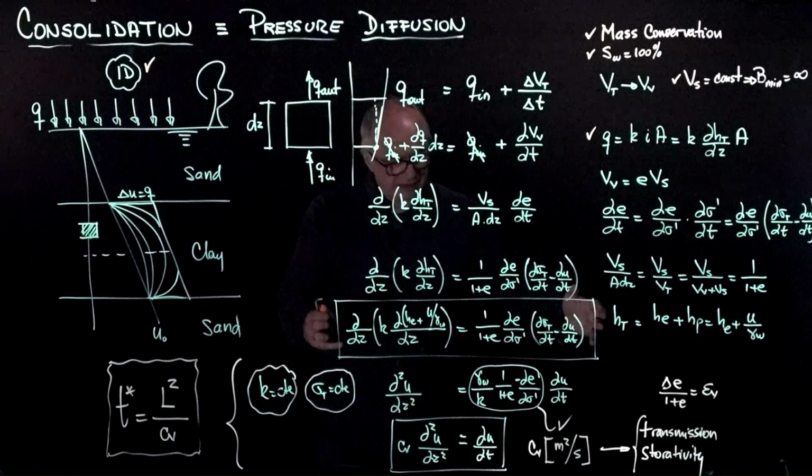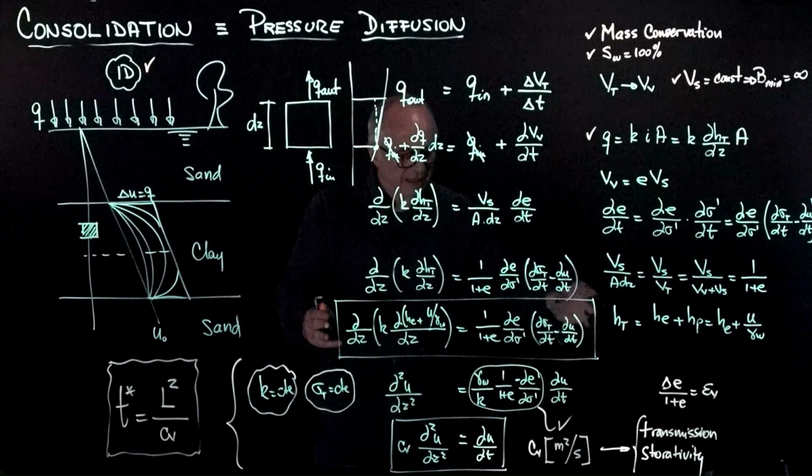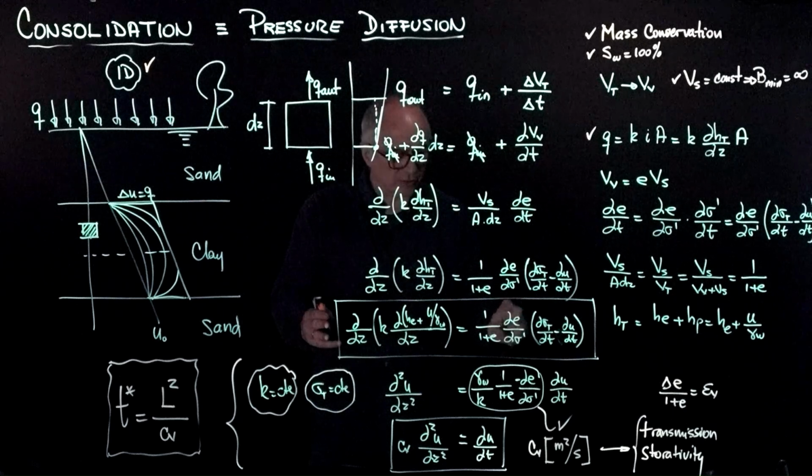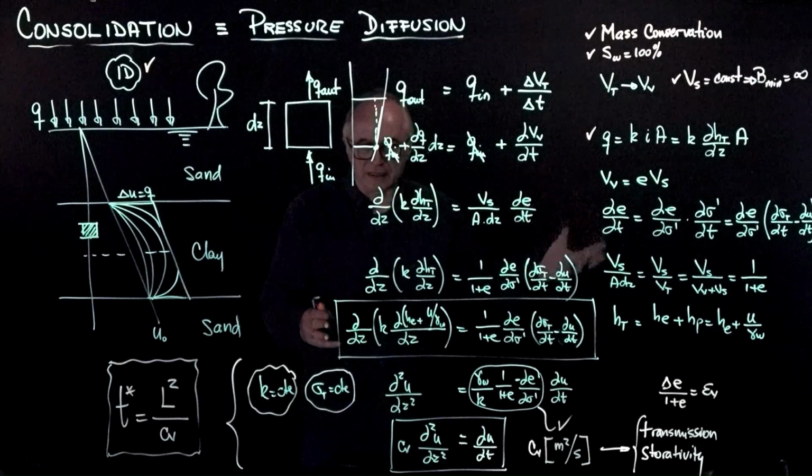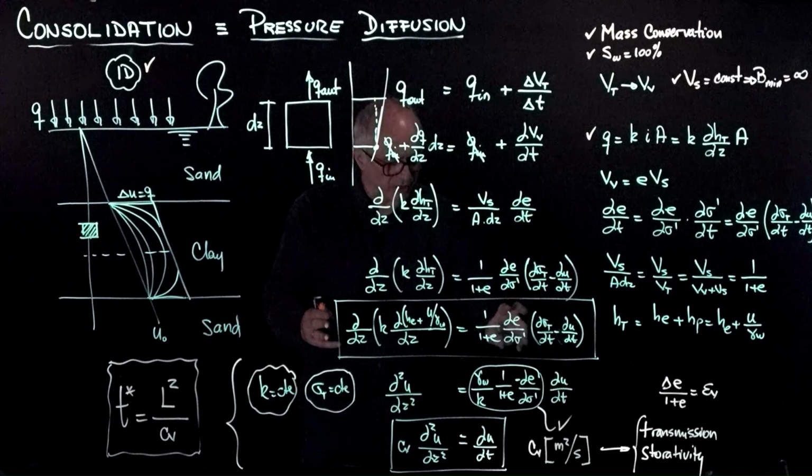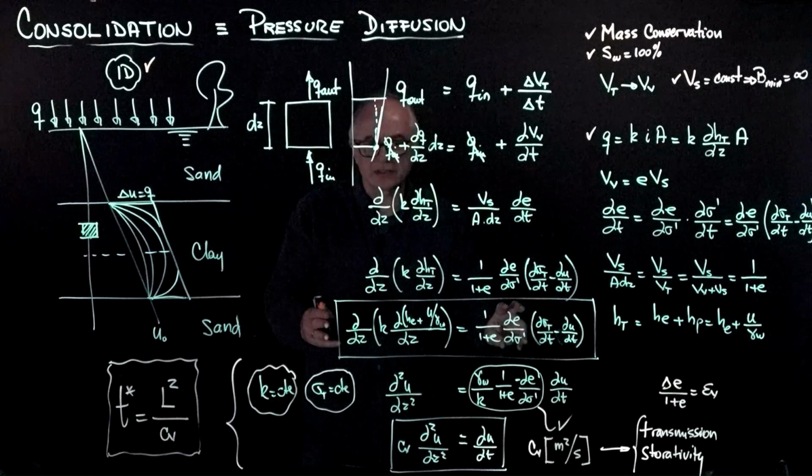When we stop at this equation, we have a very general form, because you may remember that now we have nice formulations for the evolution of void ratio with effective stress. We showed the power models, the exponential models, the hyperbolic models. We have different models for that. You can go back to previous videos.